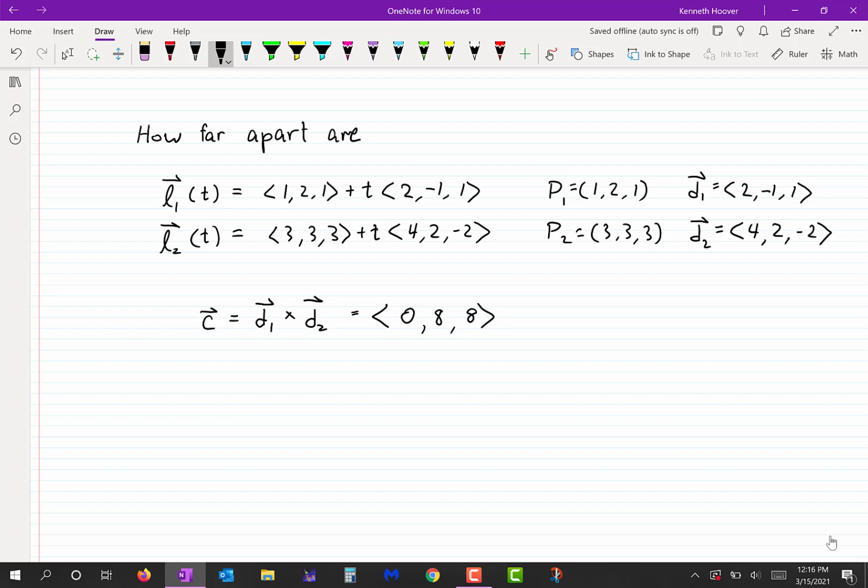Let's find the vector from P1 to P2. What do you add to P1 to get P2? That should be 2, 1, 2.